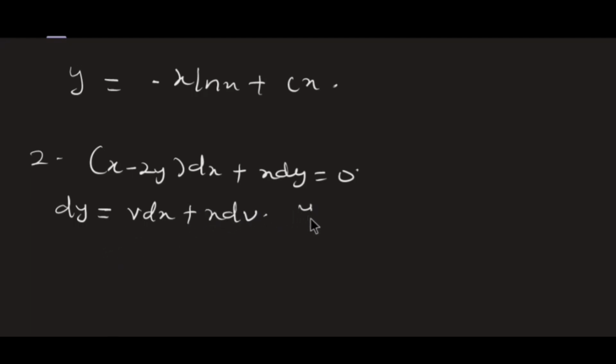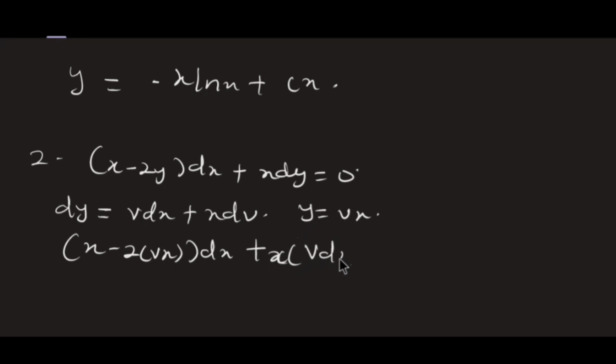But this substitution comes from y equals vx. So once you see y, you put vx. So I'm going to have (x minus 2vx) dx plus x open bracket, my dy becomes v dx plus x dv.